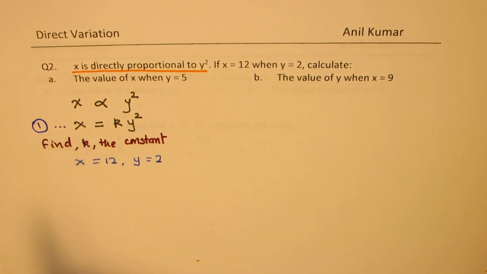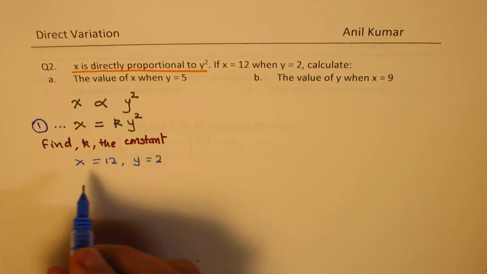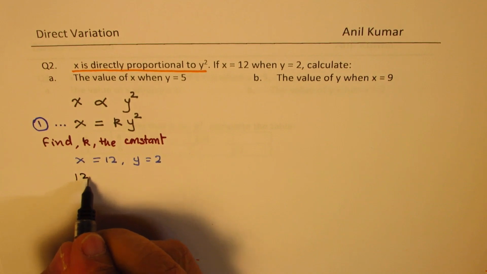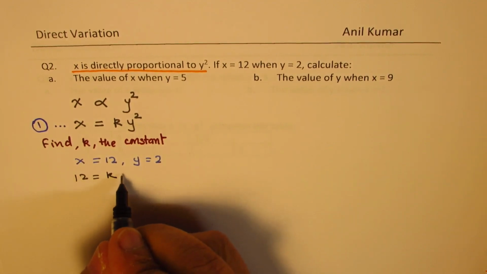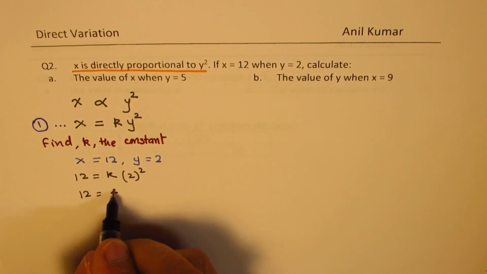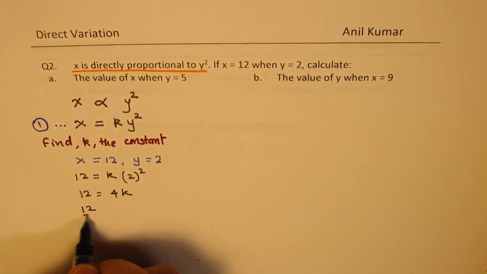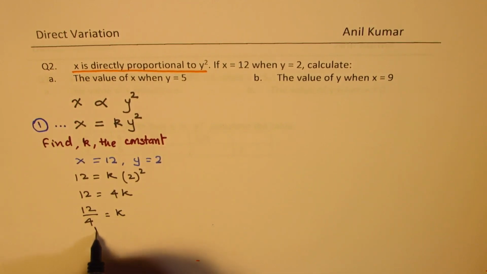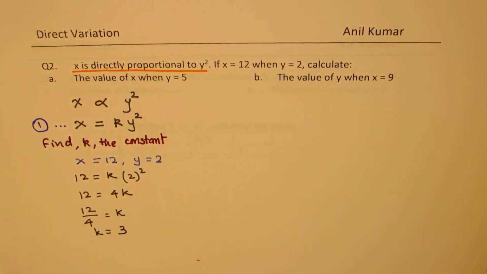Substitute the values in the given equation, and so we get 12 equals k times 2 square, or 12 is equal to 4k. So 12 divided by 4 is the value of k, and so we get k as equal to 3.